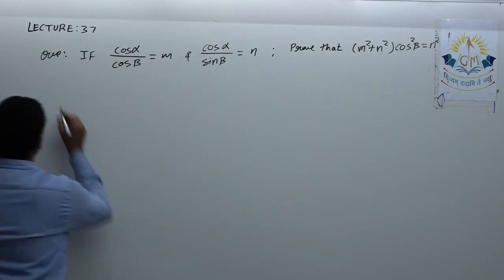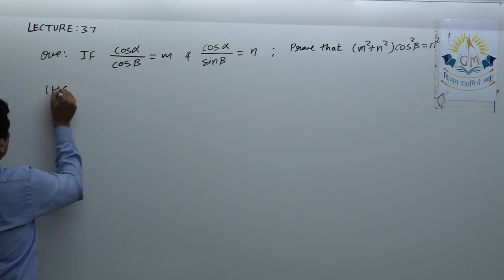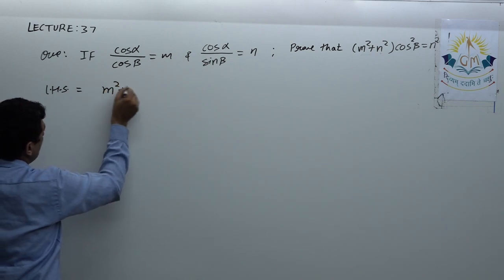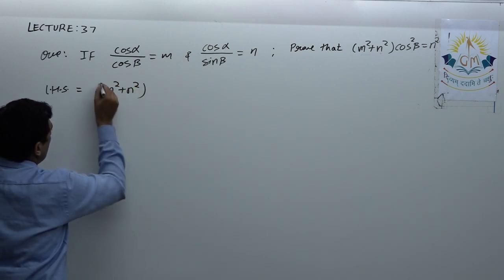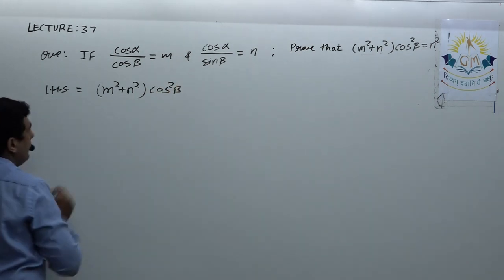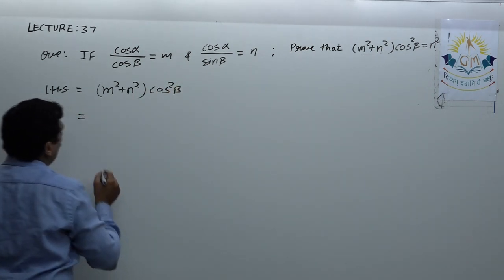So simply we'll start from the left hand side, that is m square plus n square into cos square beta. Okay, now we'll keep the values of m and n.